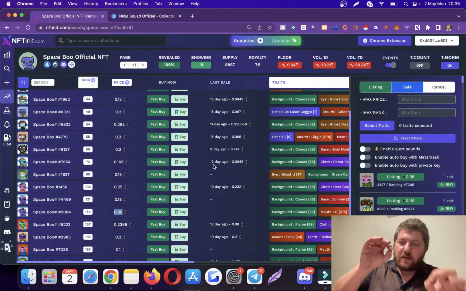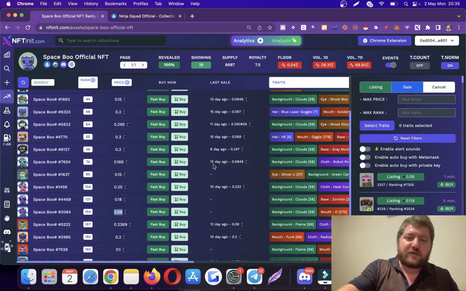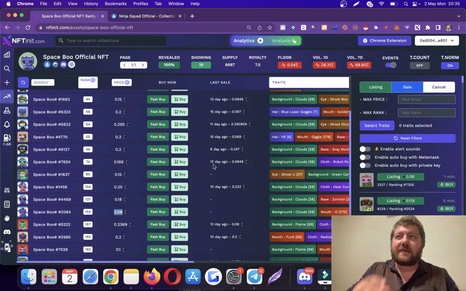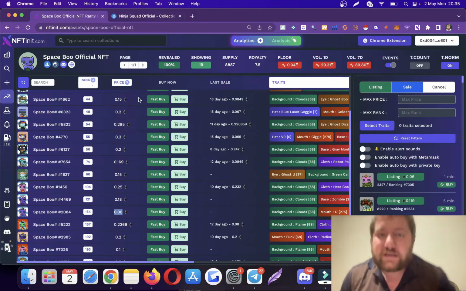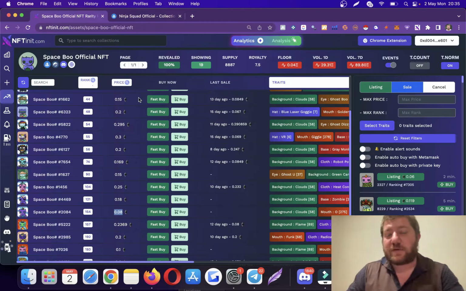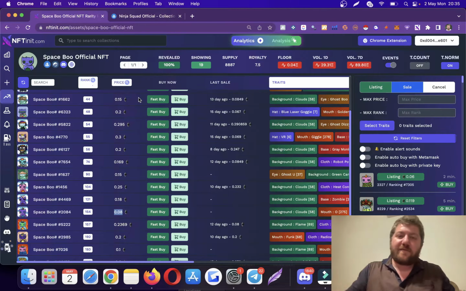So imagine you are using NFTinit.com and I am using NFTinit.com as well, and somebody for some reason just listed rank 1 for a very reasonable price. Or it can be that during the reveal it was already listed and I was trying to snipe it, but you were also trying to snipe it, and we pressed the buy button at the same time.